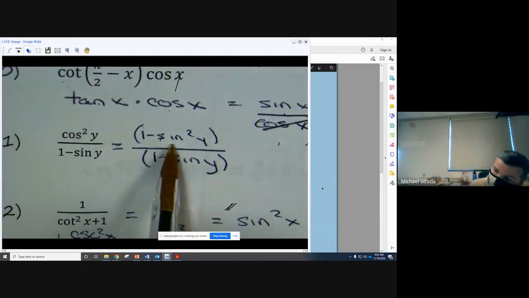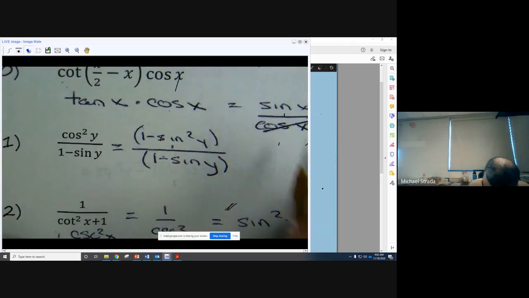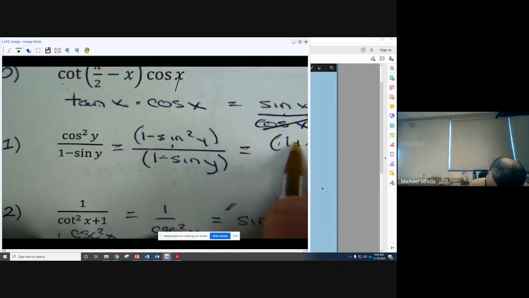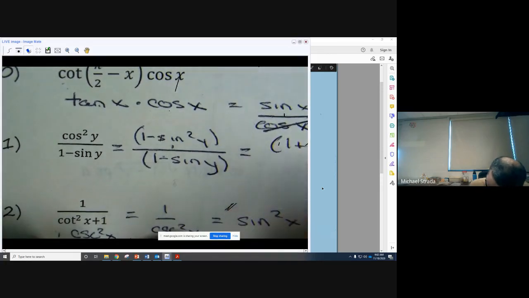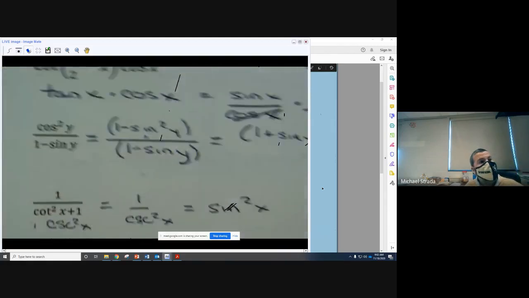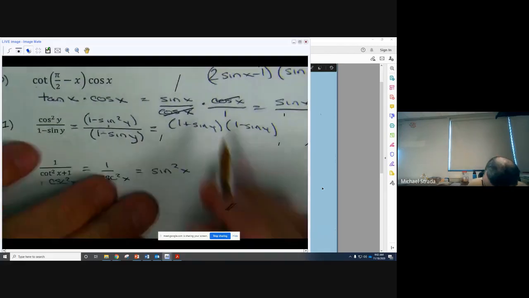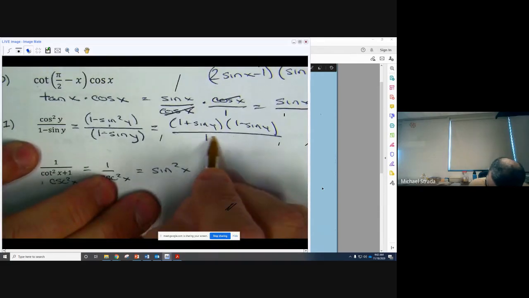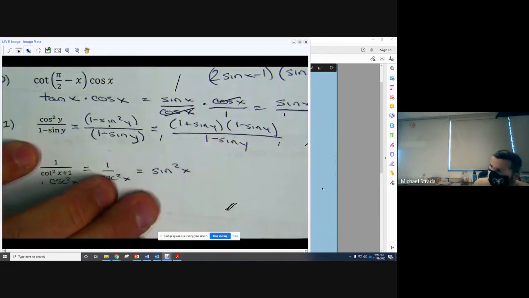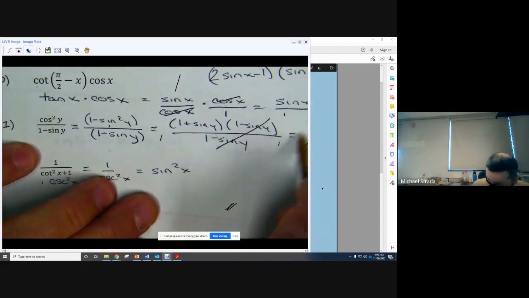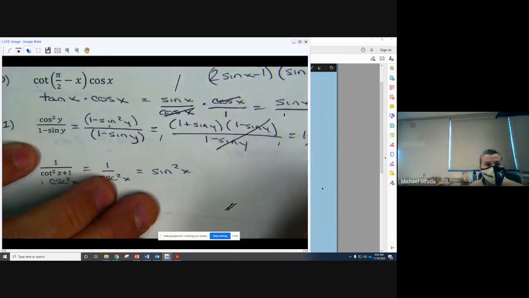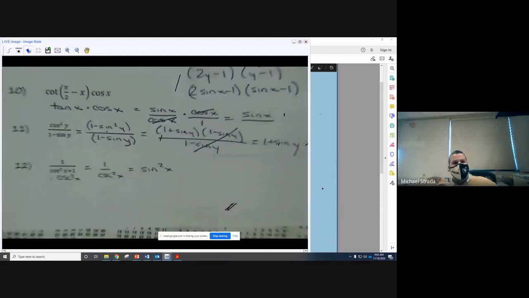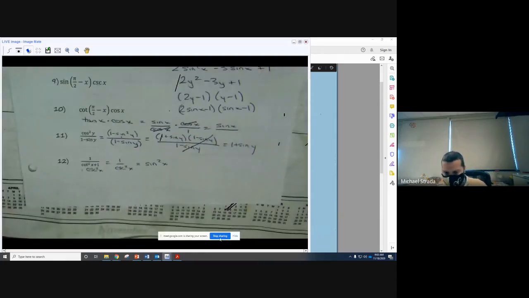This is a difference of 2 squares. So that factors into 1 plus sine y, 1 minus sine y. All right, difference of two squares. So 1 minus sine y. What do the 1 minus sine y do to each other? And you're left with 1 plus sine y. So if you get one like that tomorrow, factor it as a difference of two squares.